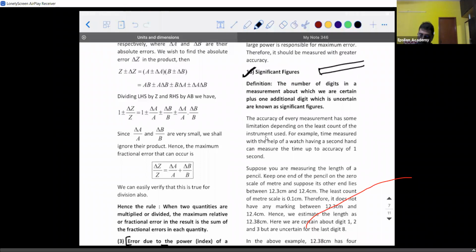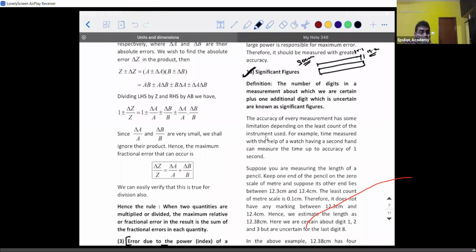Okay, for example, let's go back to the example that we discussed the other day. If you take a pen, or you take a rectangle shaped cardboard for which you're trying to measure its length. The scale in your hand is a normal 30 centimeter ruler. Initially you place the ruler at 0, exactly at one end of the cardboard. But you are able to find the other end between 15.1 and 15.2.